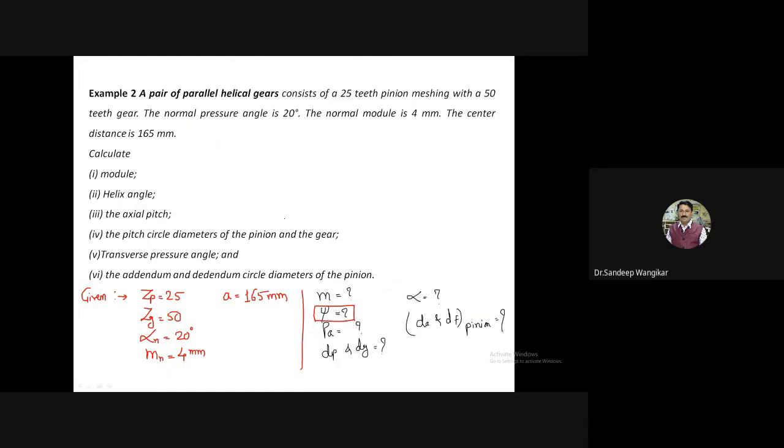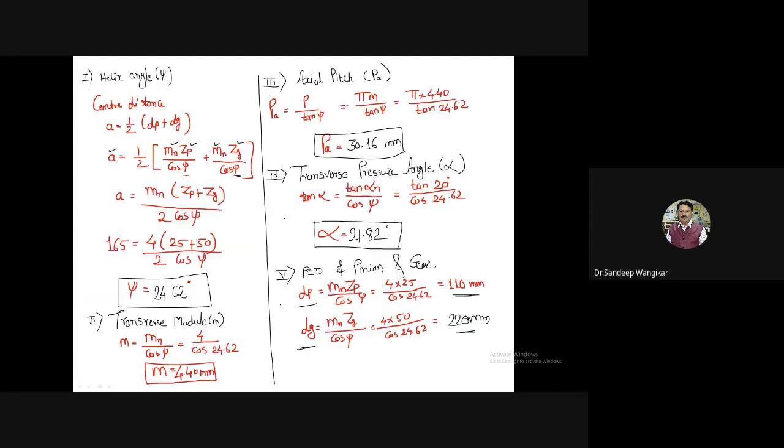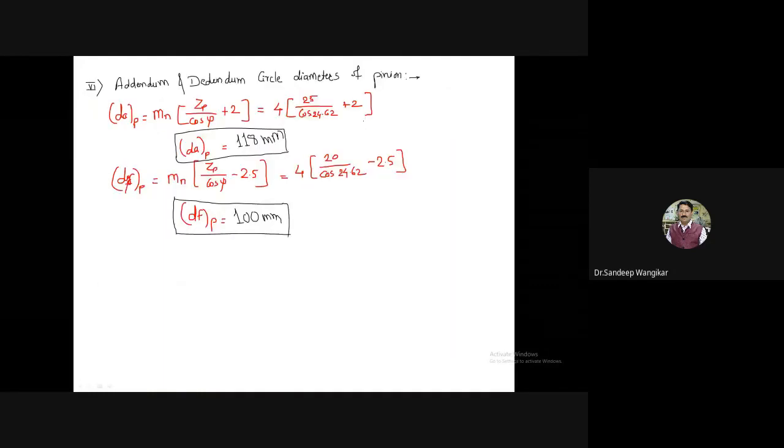So in the last numerical, psi was given and everything by simple formulas we have calculated. But if the psi value, that is helix angle, is not given, then we can calculate the helix angle as shown here. And after calculating the helix angle, further things by using formula, we can easily calculate the transverse module, axial pitch, transverse pressure angle, pitch circle diameter for pinion and gear, and addendum circle diameters for pinion and dedendum circle diameters for gear.